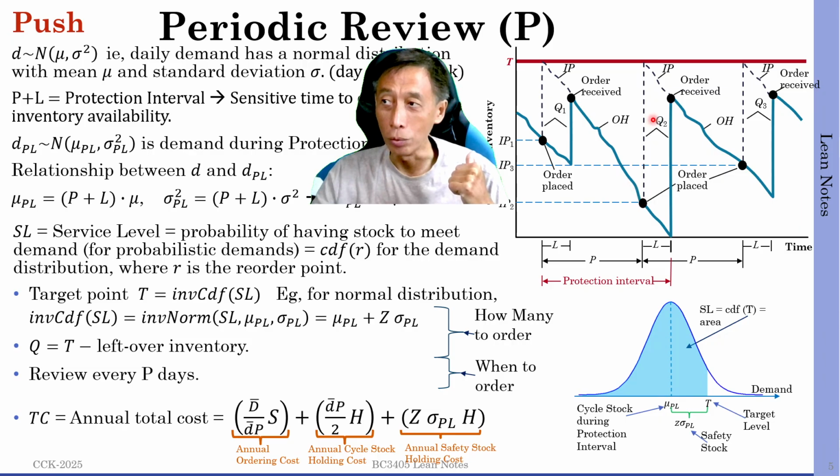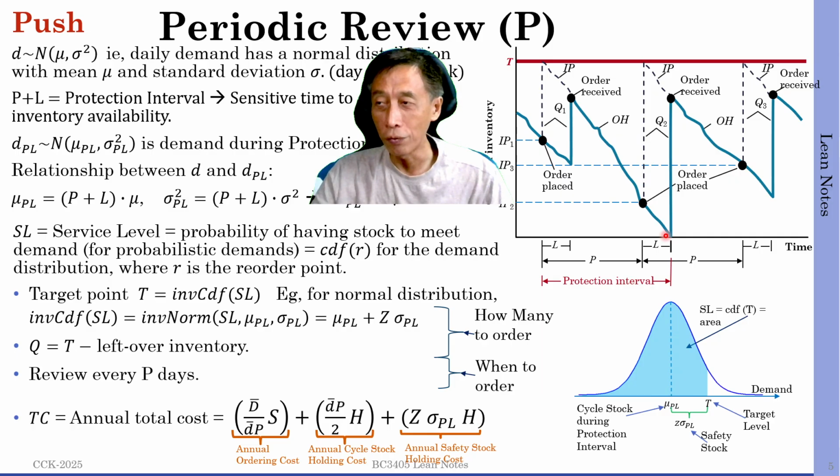Then you do this review, and then you count and you order. When we perform the order, there is lead time, and lead time days later, we'll receive the order. But by then, we would have left.